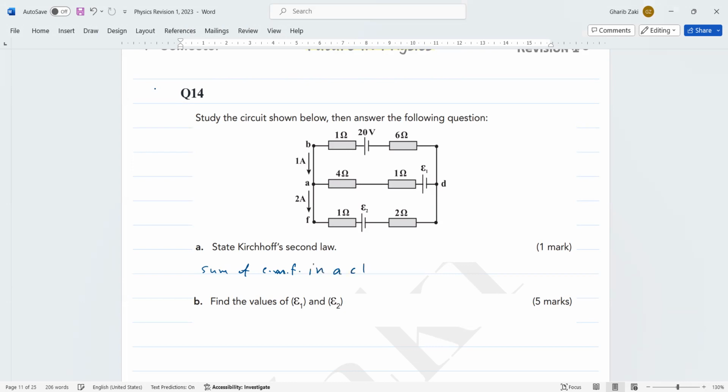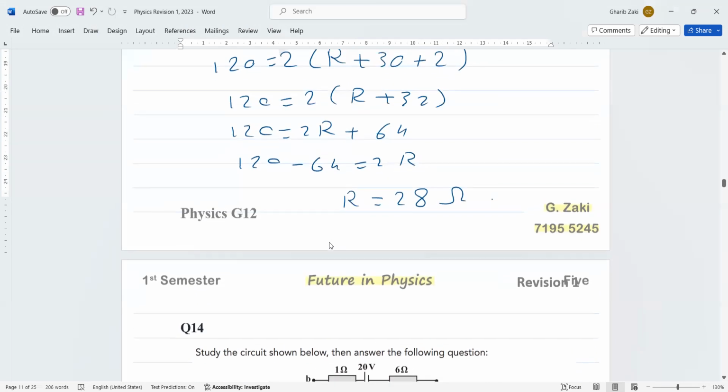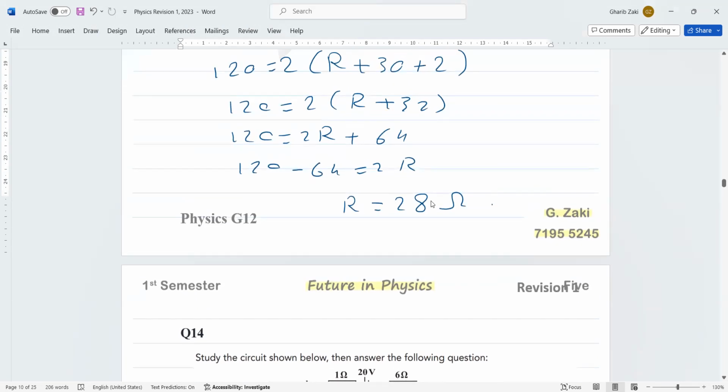Teacher, in that question, the answer is not 28. It must be 28 divided by 2. Which question? The previous question or this? Yes, the previous question. It must be 28 divided by 2.